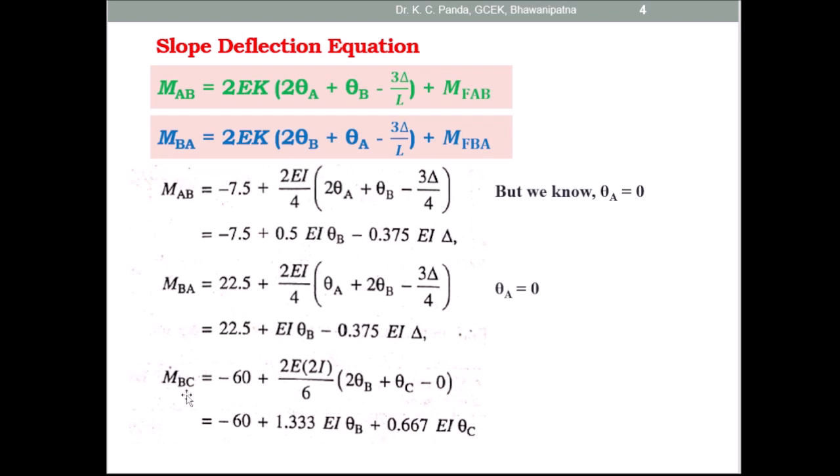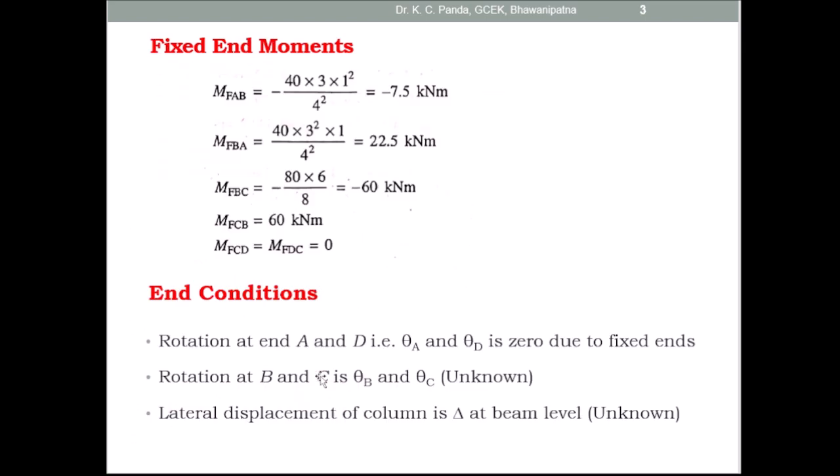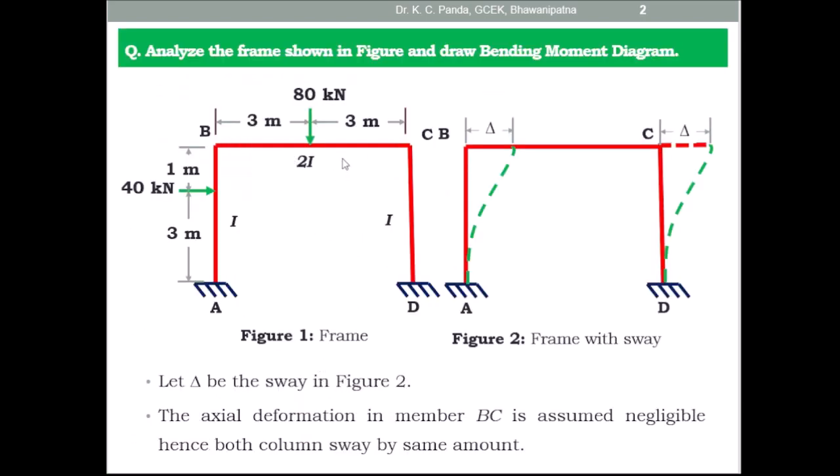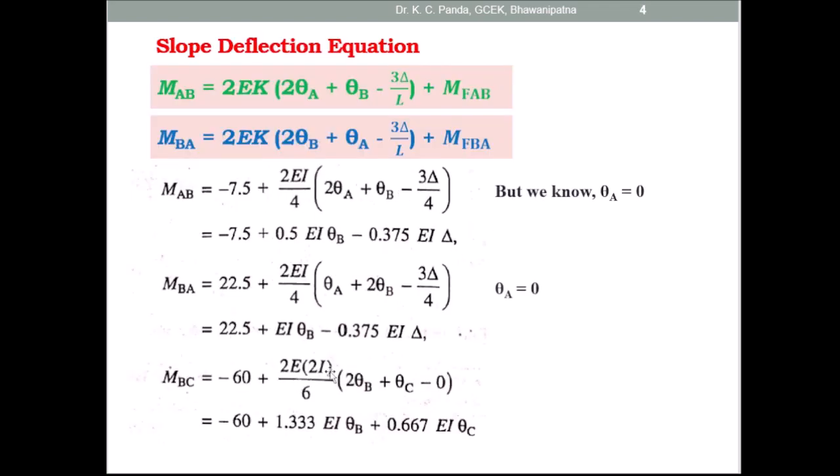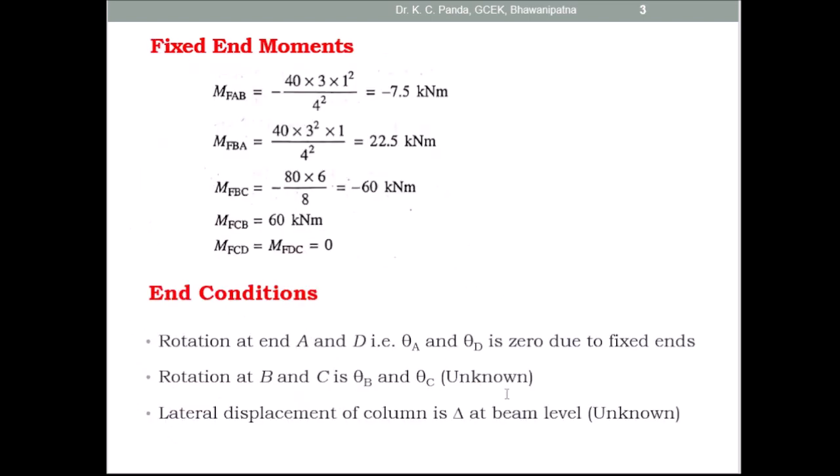So here you put MBC is equal to minus 60 plus 2E into 2I. Given for the BC span, the moment of inertia is equal to 2I and the length is equal to 6 meter. So here you put 2E into 2I by 6 into 2 theta B plus theta C minus delta is equal to 0. Then after simplification, MBC is equal to minus 60 plus 1.333 EI theta B plus 0.667 EI theta C. Then find out MCB.